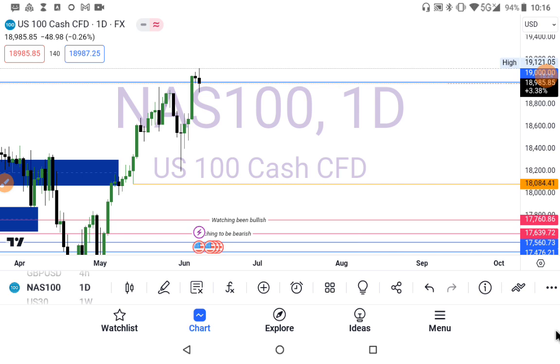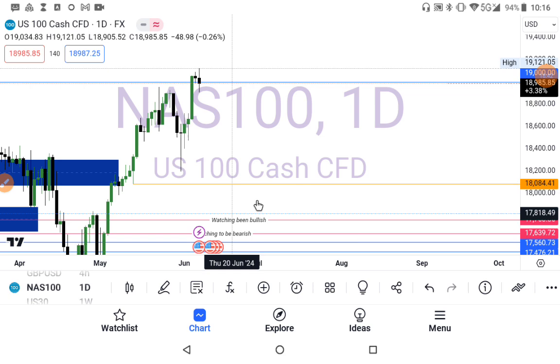The analysis I made on the 26th of May 2024 came to fruition just yesterday. I think it was on Wednesday. That digit was hit on Wednesday.